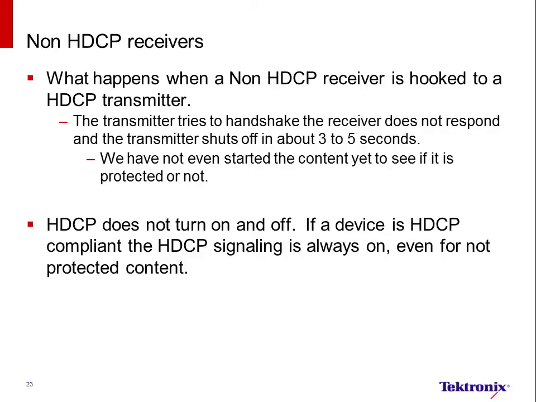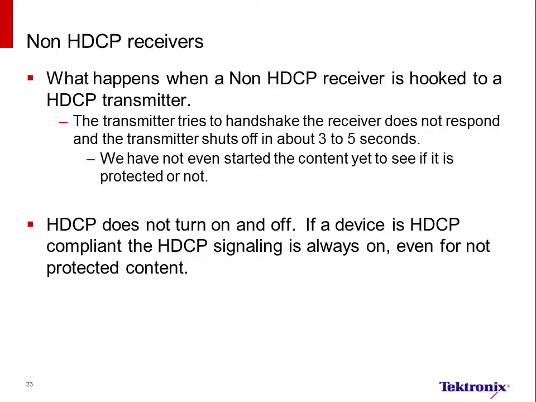When a non-HDCP receiver is connected to a transmitter, the transmitter asks for the key in the handshake exchange. The receiver does not respond. Within about 3 to 5 seconds after that absence of an exchanged key going from the receiver, the monitor, back to the transmitter, the transmitter will shut the video down.